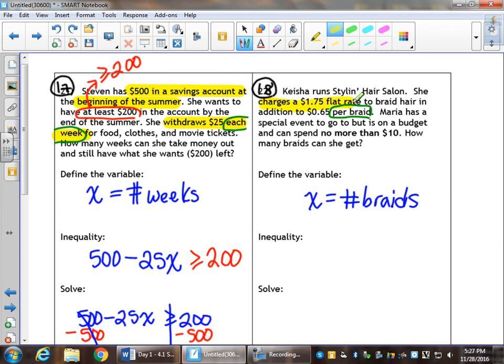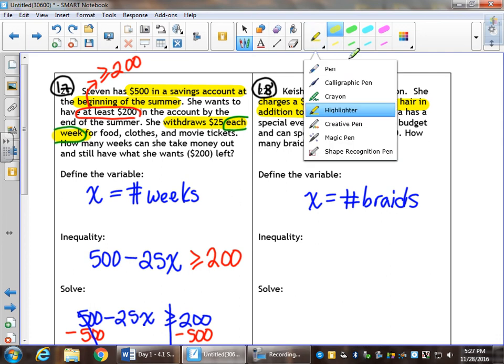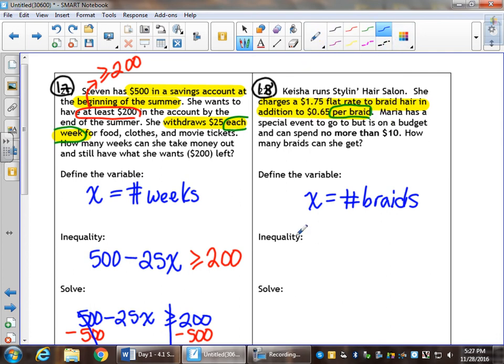Charges a $1.75 flat rate to braid and 65 cents per braid. That becomes 175x. No. Back it up. $1.75 flat plus 65 cents per braid. So 0.65x.